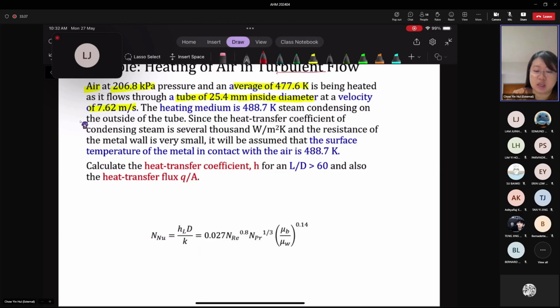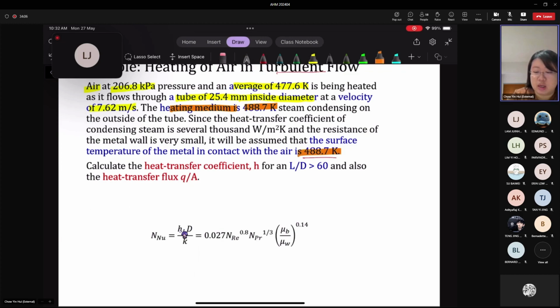The heating medium is steam at 488.7 Kelvin condensing outside the tube. Since the heat transfer coefficient of the condensing steam is several thousand watts per meter square Kelvin, and the resistance of the metal wall is very small, it is assumed that the surface temperature of the metal wall in contact with the air is 488.7 Kelvin.